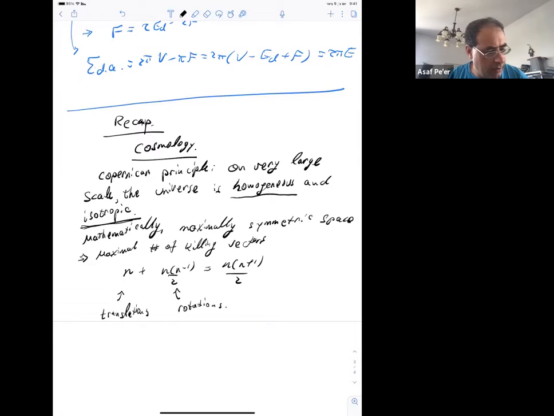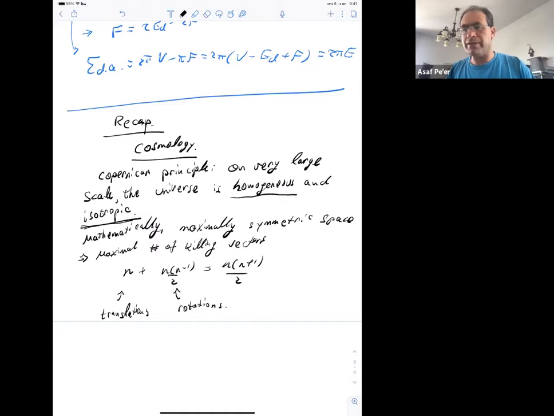Then I said that I have to be a bit careful because, to be precise, Hubble showed us that the universe is not symmetric in time because it is expanding. So the future of the universe is not the same as the past, but we are only assuming it's symmetric in space.